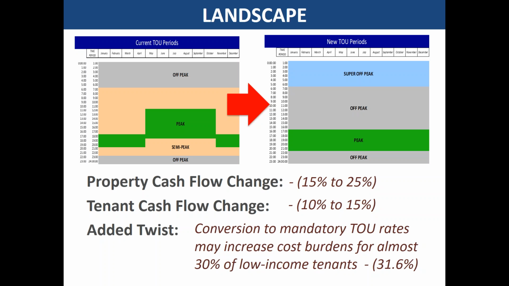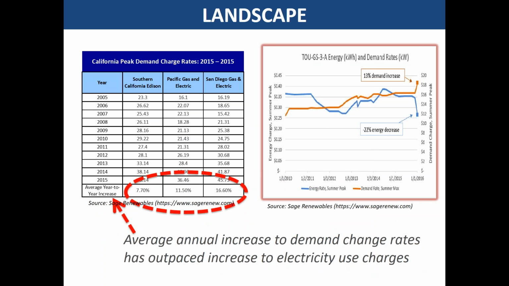That analysis showed that on average, for the 30% of tenants, the energy cost burden could increase by as much as 31.6%. So the changing TOU periods and requirements for TOU are a big concern to affordable housing advocates.